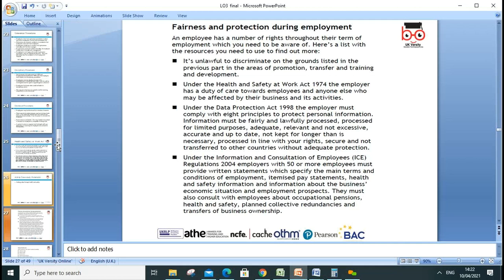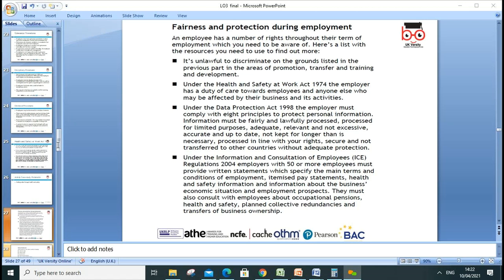Then we have fairness and protections during employment. We have data protection. No one's data can be sold. Data we need to make sure is protected. We have a new data legislation recently, GDPR. It's called General Data Protection Regulation.